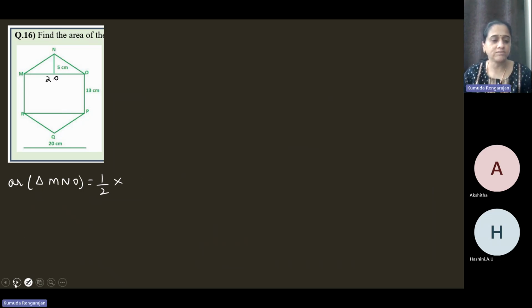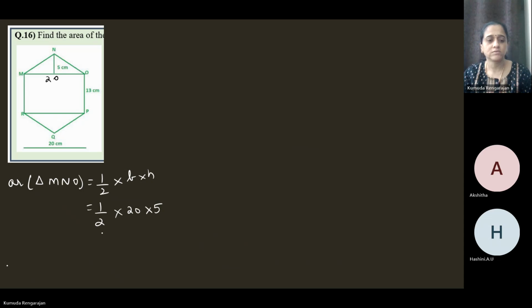Half into base, that is MO, into height. This is not named, so I'll directly substitute the values. Base is 20 and height is 5. So it's 50 centimeters square. Then what's the area of the rectangle?